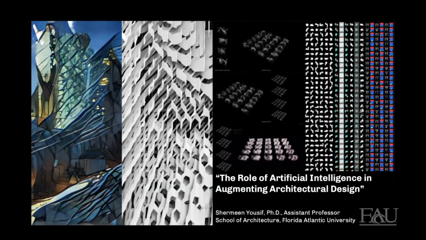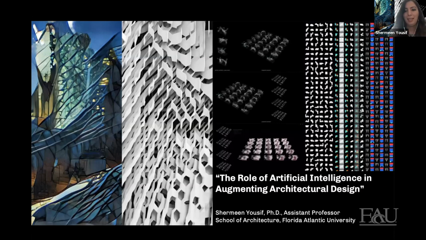Thank you. So yes, I'm Shermeen Yousif. I'm an assistant professor at the School of Architecture at Florida Atlantic University. And today I want to present on this interesting topic that I have been researching recently, artificial intelligence.